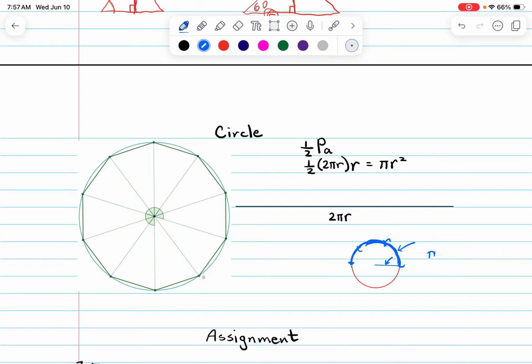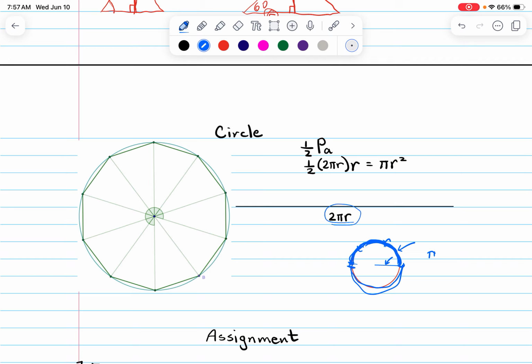You get 1, 2, 3, and a little more. I misspoke. You get 3.14, not just 3. Now, if you want to go the whole circle, you would get 2 pi. So half a circle is 1 pi, and a full circle is 2 pi. So the circumference of a circle is 2 pi r.